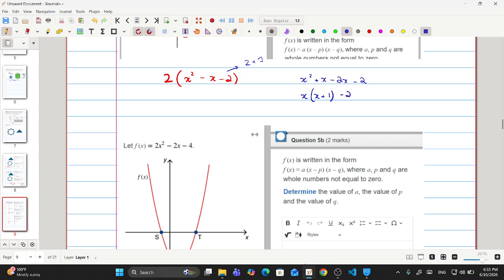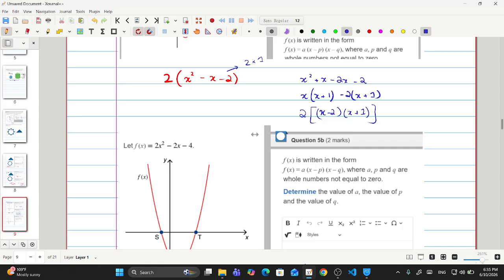Here I have minus 2 as common, and within the bracket I have x plus 1 again. Isn't it? So I get x minus 2 and x plus 1. And this can be made by simply multiplying the entire equation by 2. This is what we did exactly here. So yeah, this is how we are supposed to be doing it.